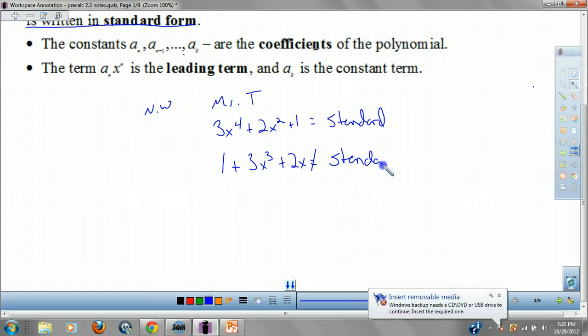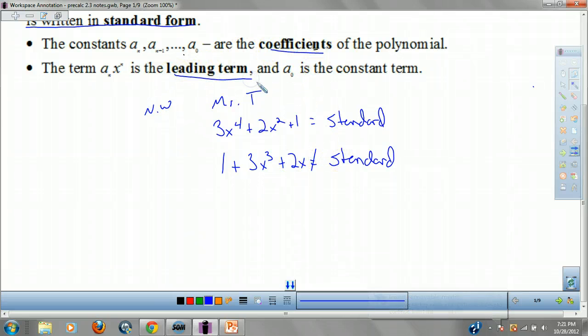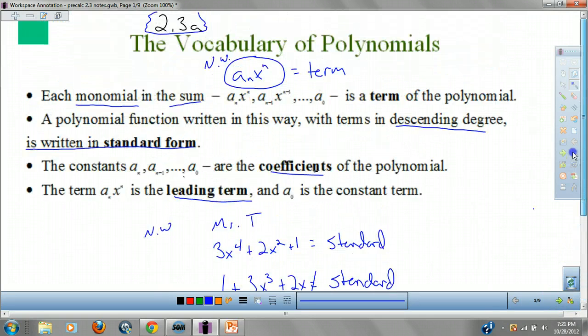Okay? Just put it in order from highest exponent to lowest. We know what coefficients are. We know what the leading term is. The leading coefficient for this guy is 3. This one would be 3 as well. So remember, standard form, you go in descending order according to exponent value. Capiche?